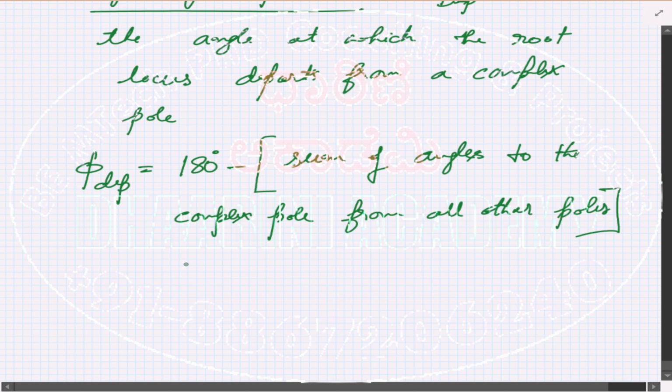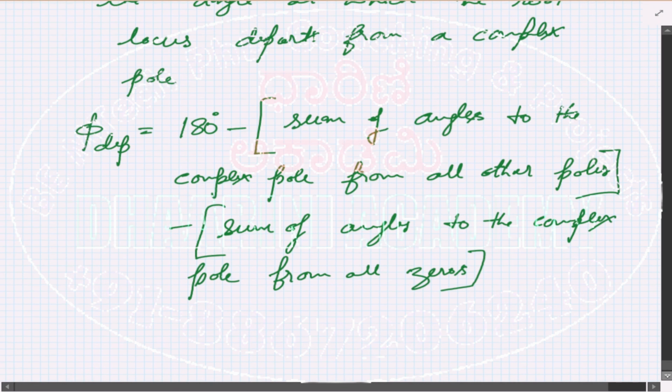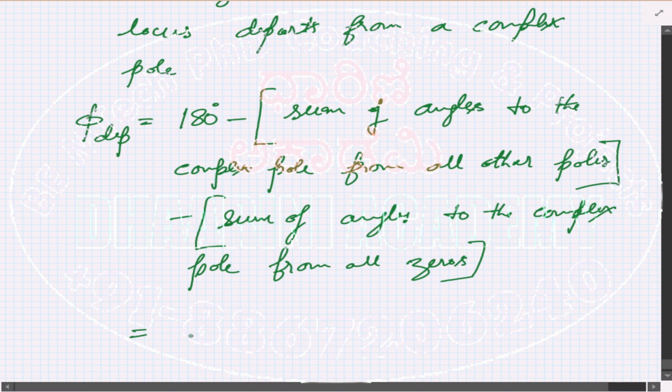Again you subtract once again the sum of angles to the complex pole from all other zeros of the system. So in short, this is the actual meaning, but we'll write in this fashion.